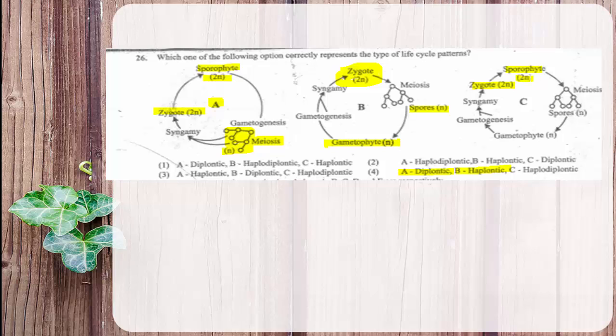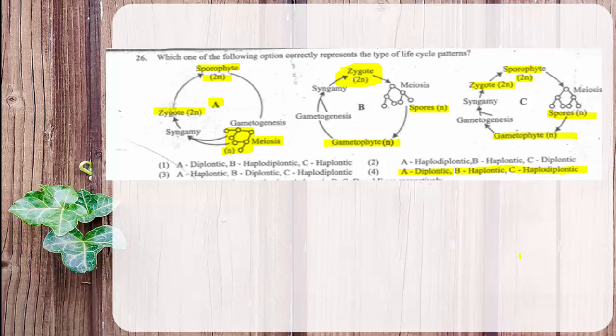Two stages are in the diploid condition. Spores are in the haploid condition. On germination of the spores, the gametophyte develops. It is also haploid in condition. So here the equal haploid and diploid stages are observed. Therefore, C represents a haplodiplontic life cycle.